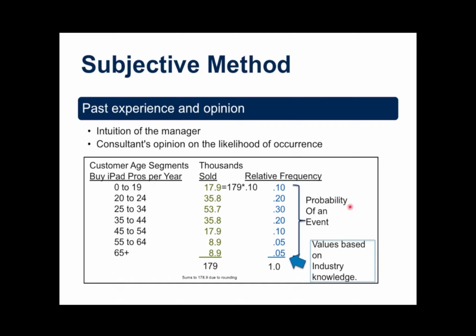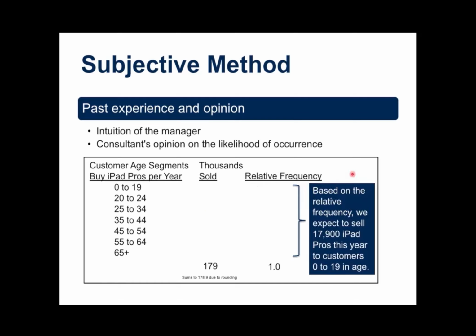And that might make you the star of the show at your next staff meeting. So based on the relative frequency here, we're expected to sell 17.9 or 17,900 iPad Pros this year, again, to customers in the 0 to 19 age group. Just repeating what I had in the last slide with a little bit more fidelity.